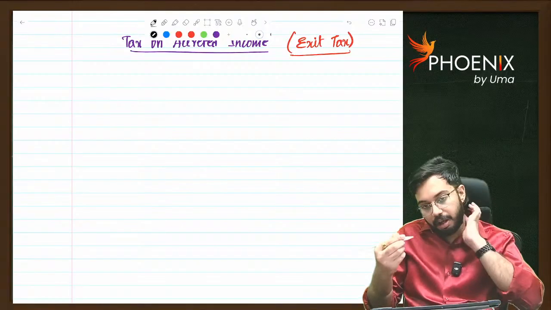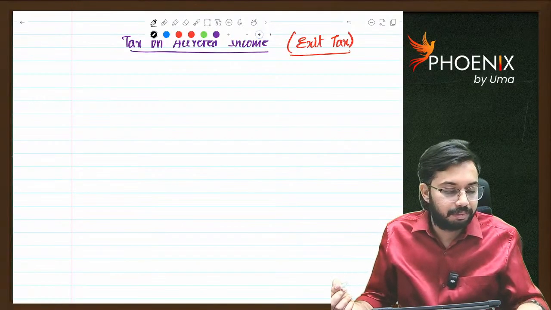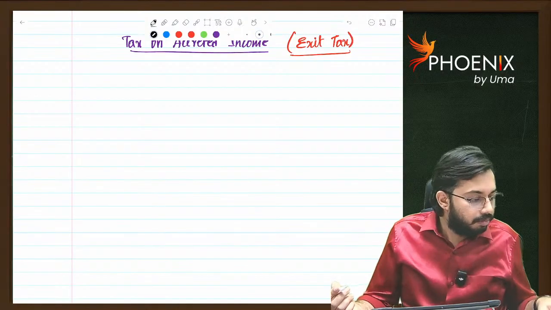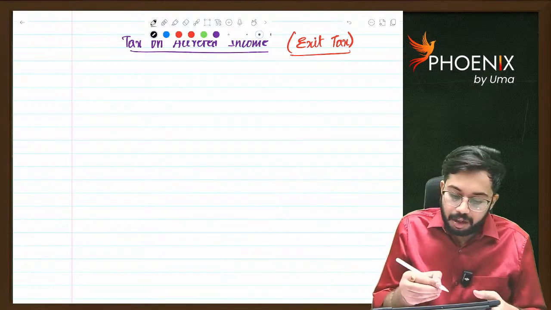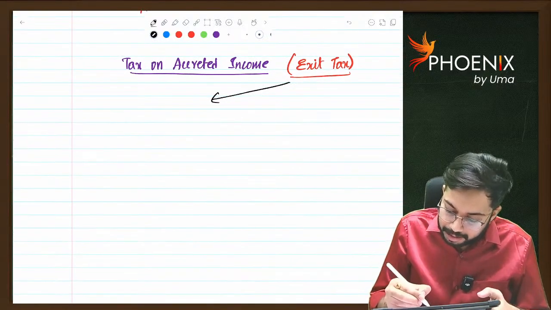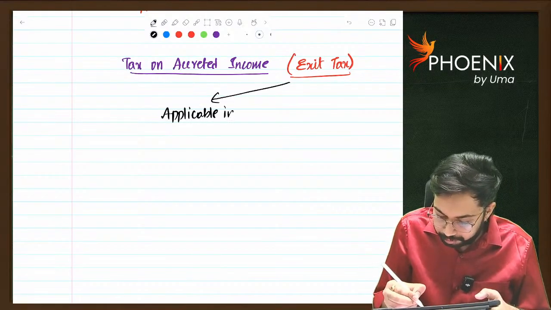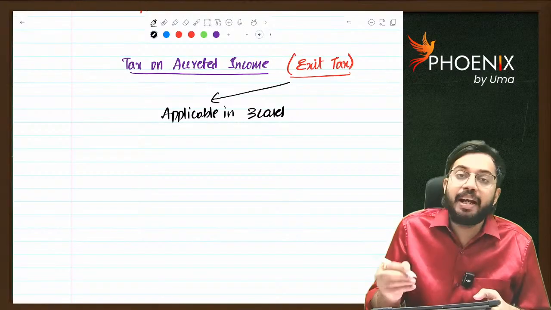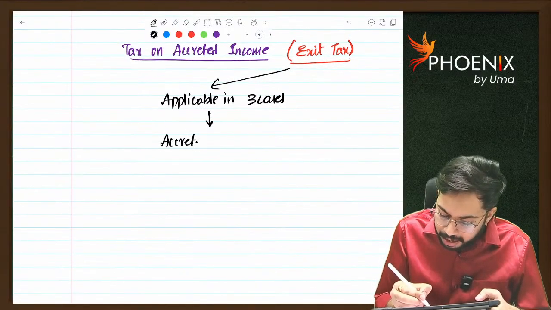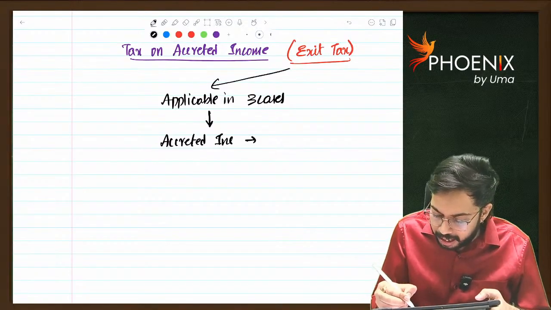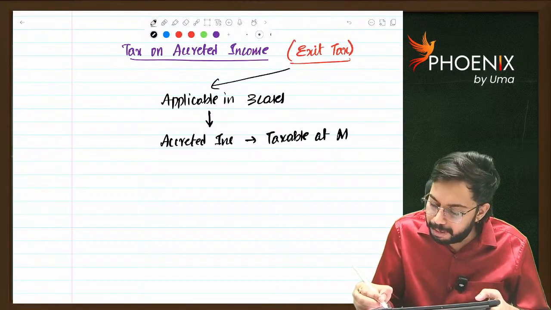Now, what do you mean by exit tax? This exit tax is applicable in 3 cases. What are those 3 cases? I will tell you. In these 3 cases, whatever the accreted income is there, that accreted income is taxable at MMR, maximum marginal rate.